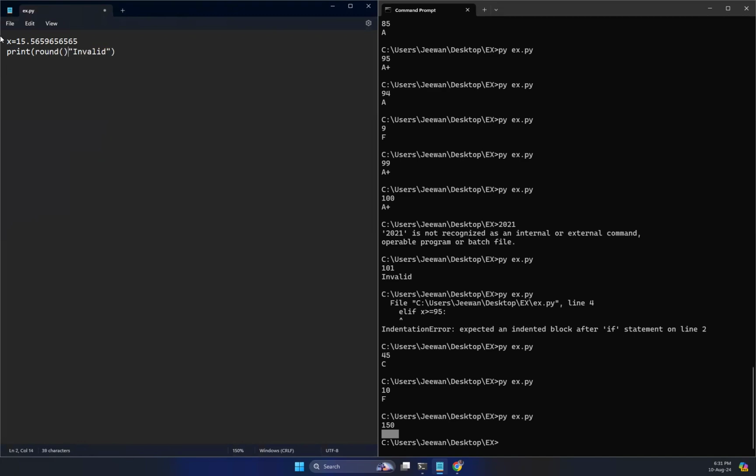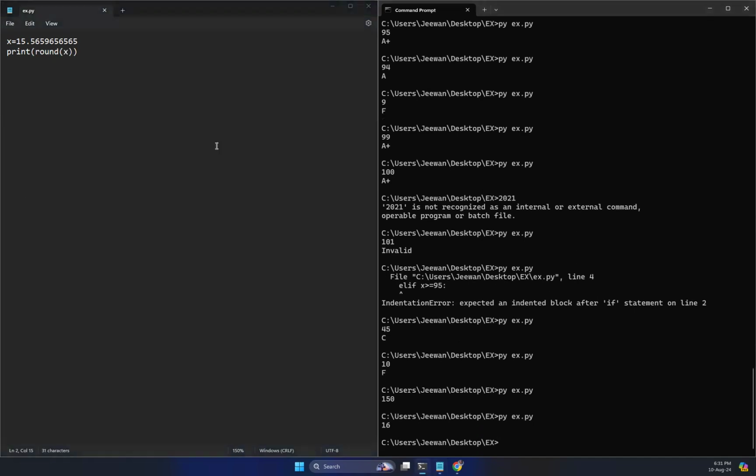Round what you need to round, x. If you just say x, that would print the integer value only. 15.56 will get rounded up to 16.